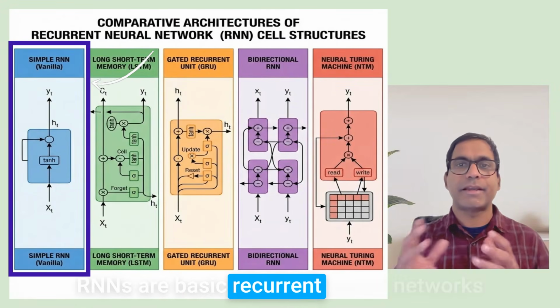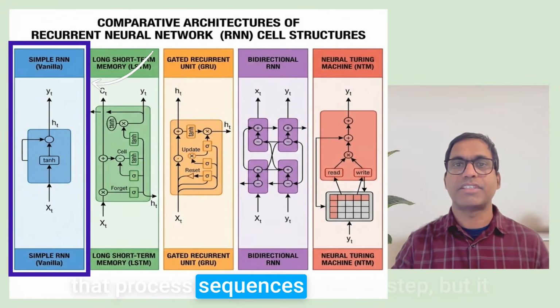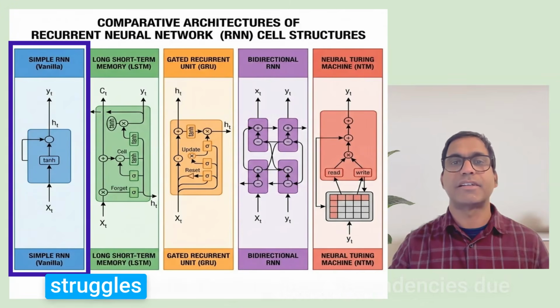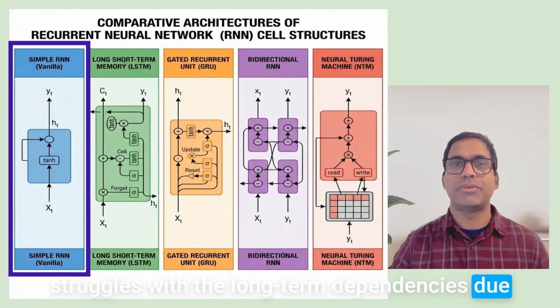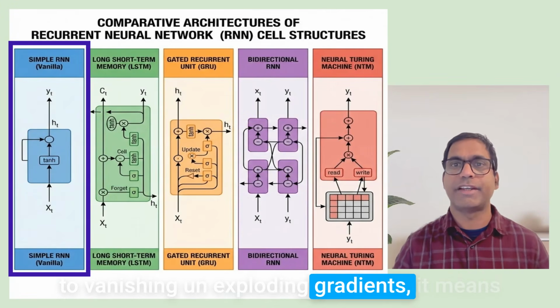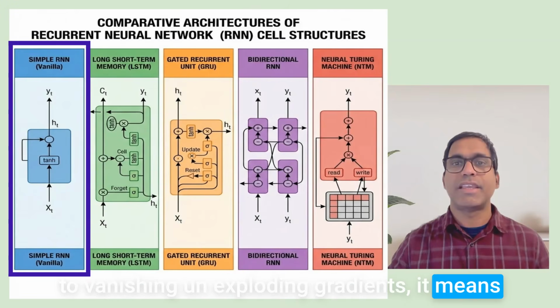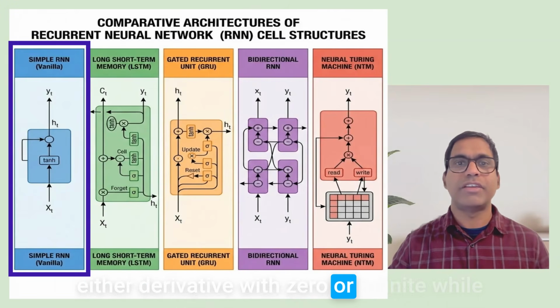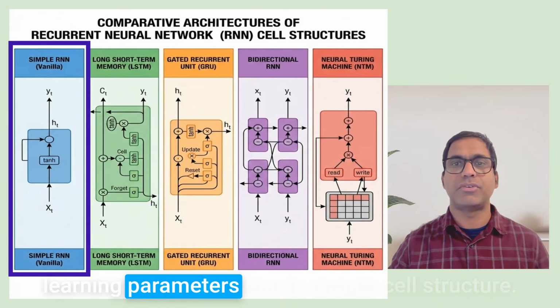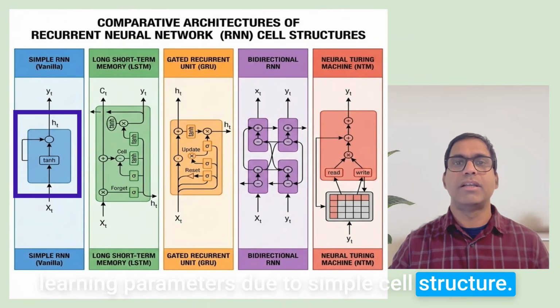RNNs are basic recurrent neural networks that process sequences step by step, but they struggle with long-term dependencies due to vanishing and exploding gradients. It means either the derivative is 0 or infinite while learning parameters, due to the simple cell structure.